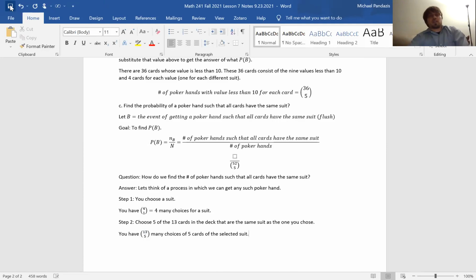Once you select the suit, there are exactly 13 cards in the deck of that suit, and to get a flush, you just choose 5 of those 13. To get a flush, both things need to happen.